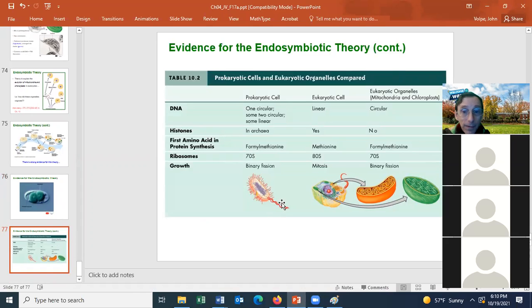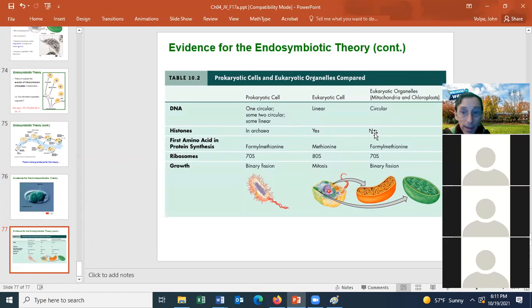Some other evidence for this theory is that the eukaryotes have histone proteins, the bacteria do not, and the mitochondria and the chloroplast do not have histone proteins.